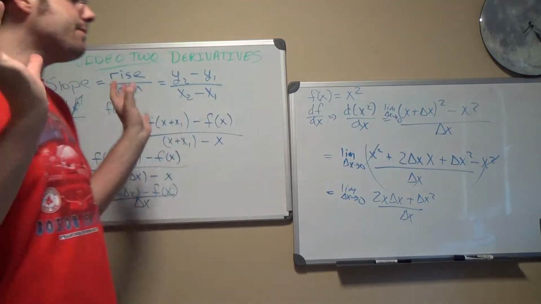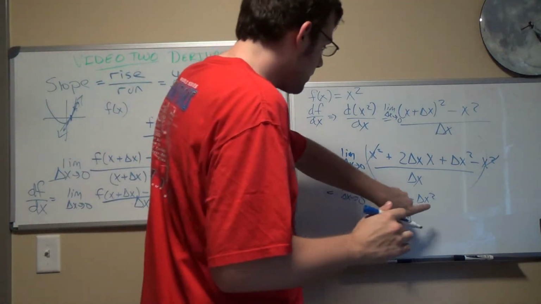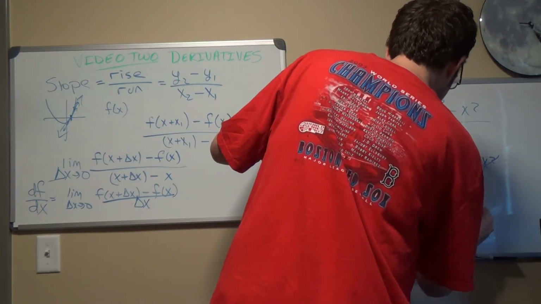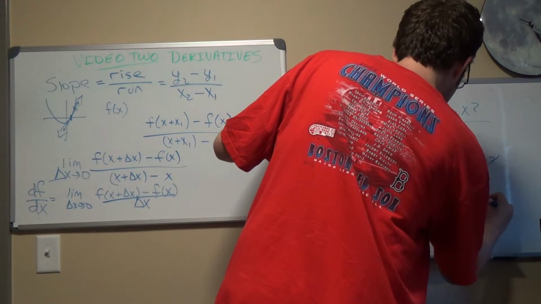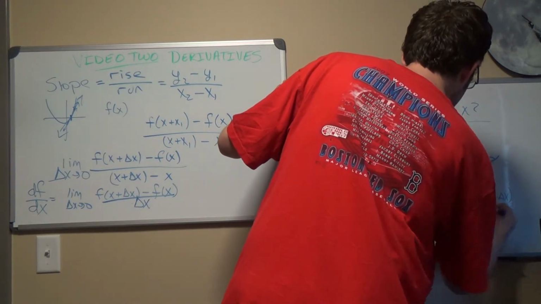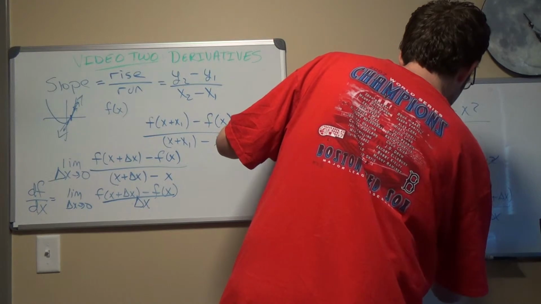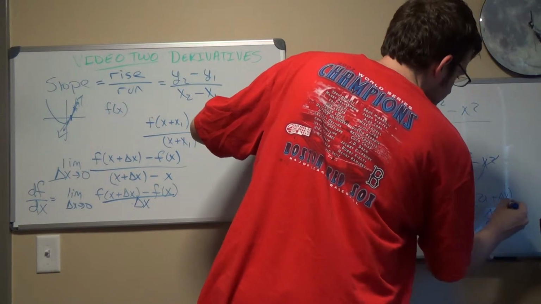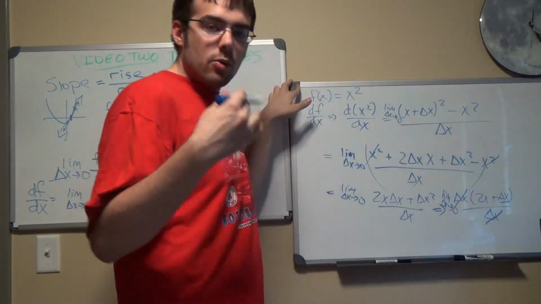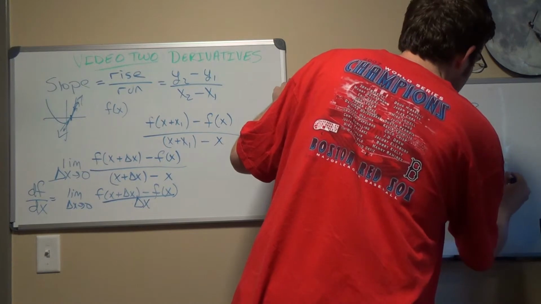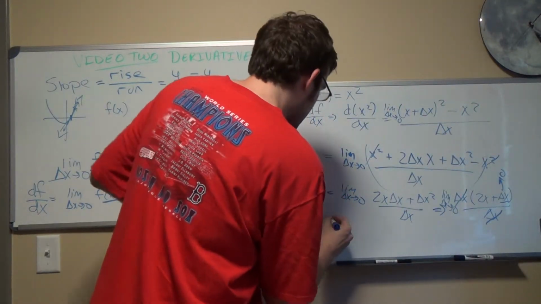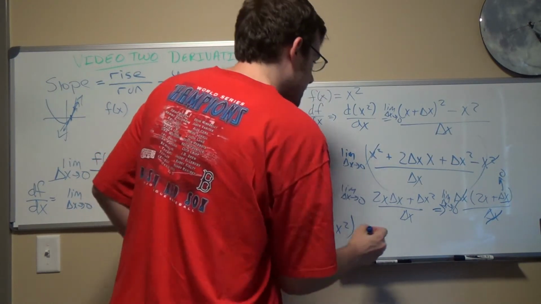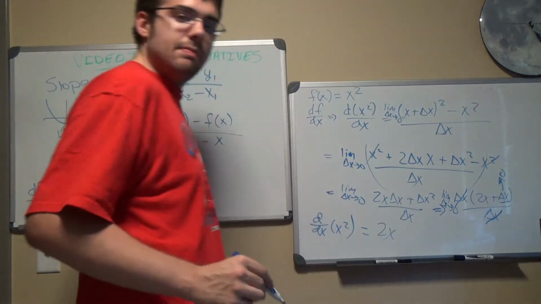Now, once again, we can manipulate this algebraically. We have delta x on the top here, so we can turn that into delta x times 2x plus delta x, divided by delta x, limit as delta x approaches 0. And we can cancel these. And since delta x is now a term added to 2x, we can turn that into 0. So the derivative of x squared is 2x.